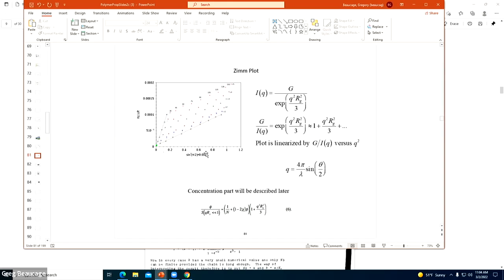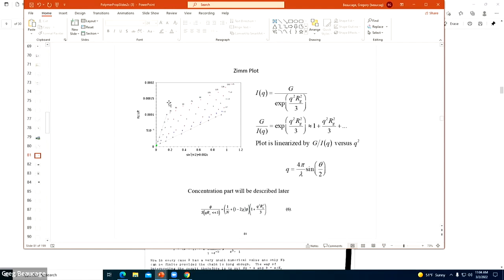So you do a plot of concentration and Q squared and the intensity divided by concentration, like this thing. Then you populate this with points at different angles, and then you can draw lines through the points for constant temperature and constant concentration and constant angle, and you can get these numbers from it. So it's kind of a complicated plot.